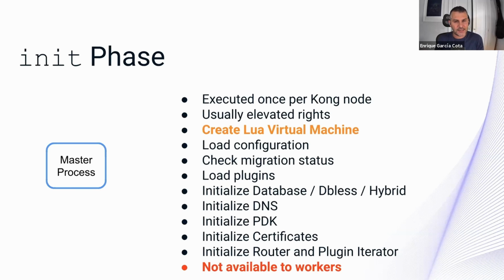Until I understood this, it was very difficult for me to understand how global variables worked on a plugin. Sometimes they seemed to be working just fine, and suddenly they stopped working, and I didn't understand why.